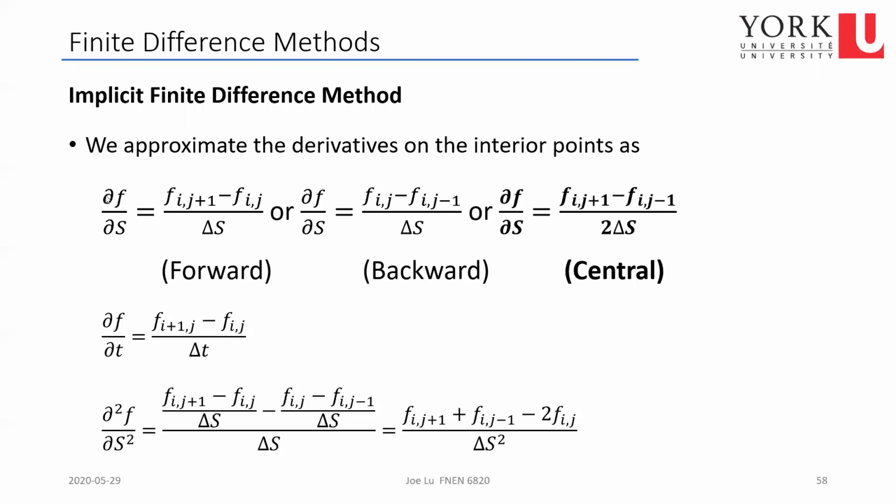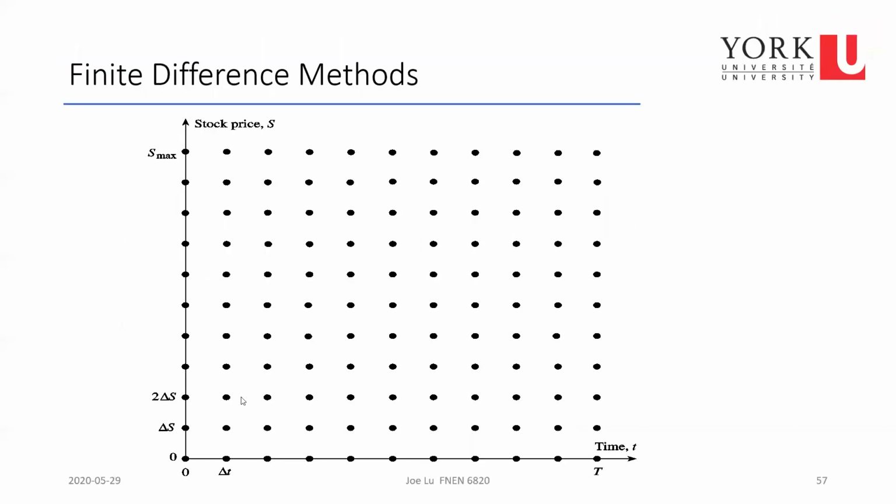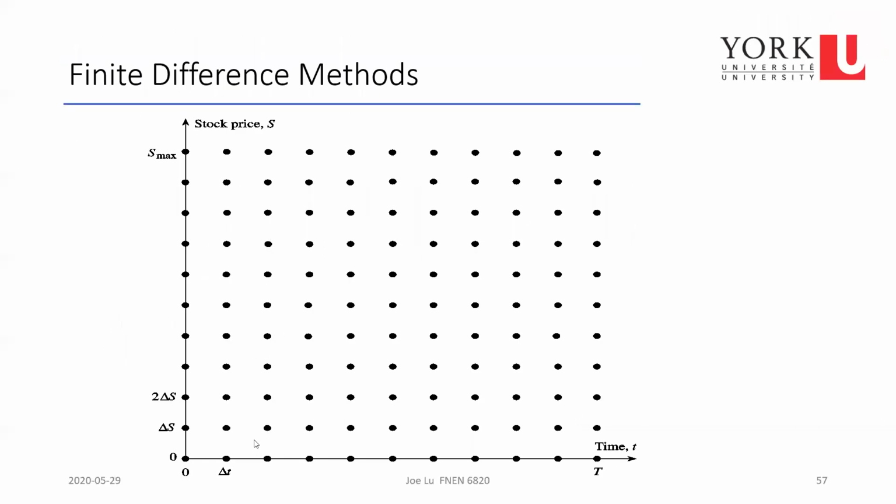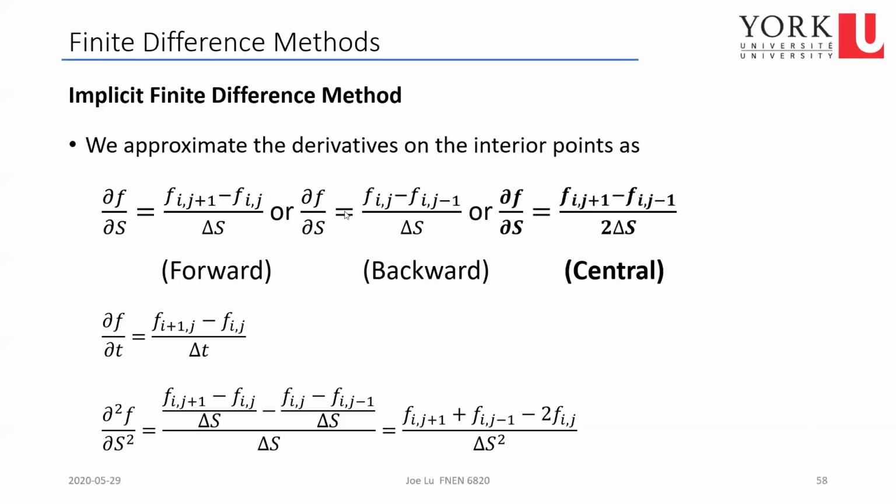Your partial derivative df/dS: you're looking at the same time point, the value at a higher grid minus the value at the lower grid, divided by the change of S. So basically, you're looking at the f here minus the f here divided by the change of S. That gives you the change of f per change of S. But you're doing it at a particular i here, vertically. That's called a forward way.